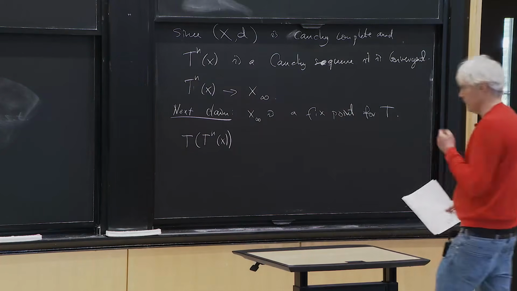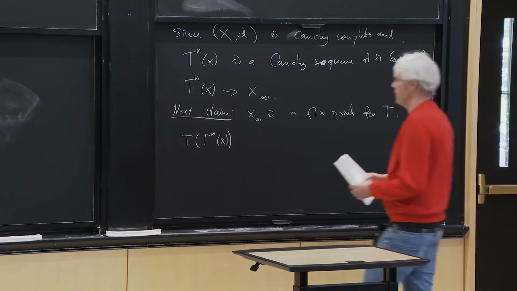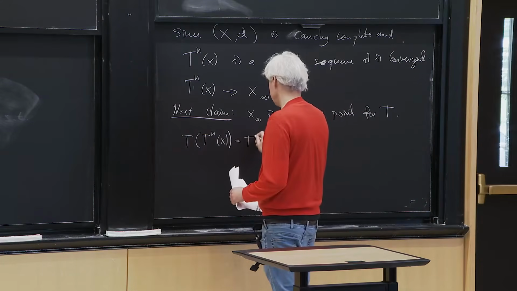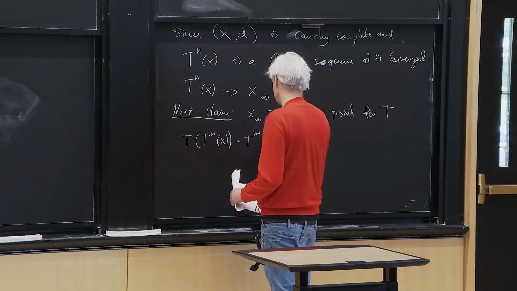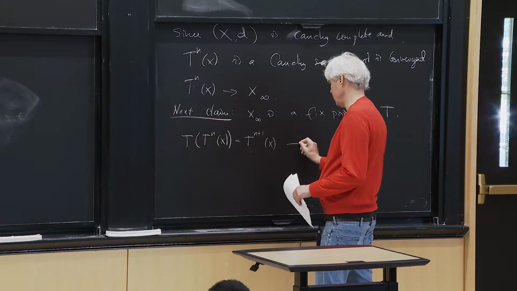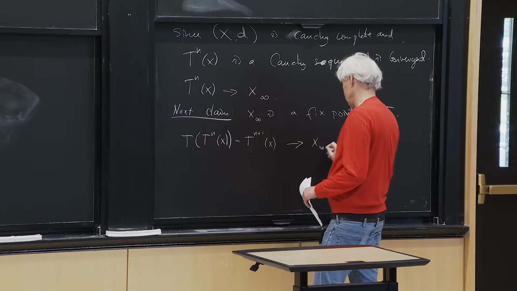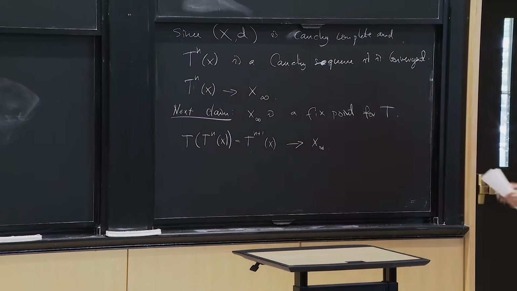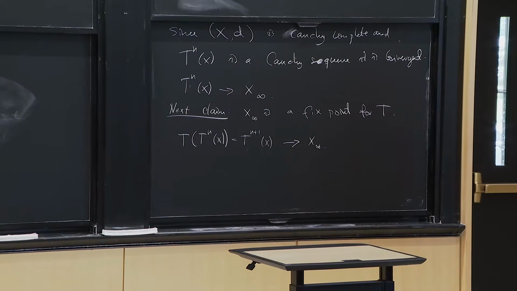So if I take T of this sequence, this here is nothing but the next element in the sequence. So this one here will still converge to x infinity, right? Because it's just shifted by 1.